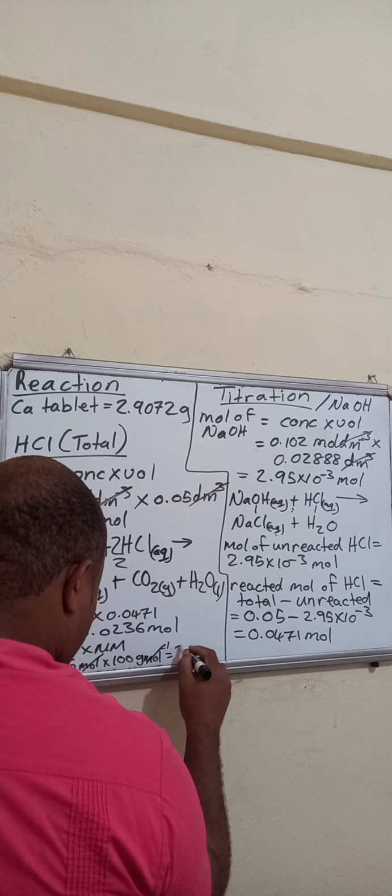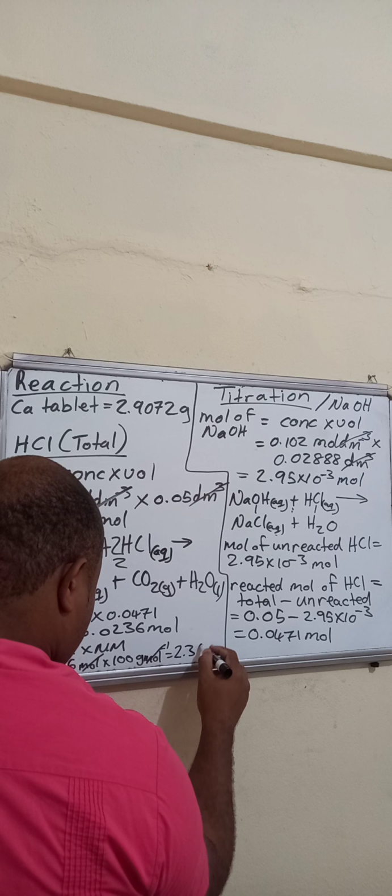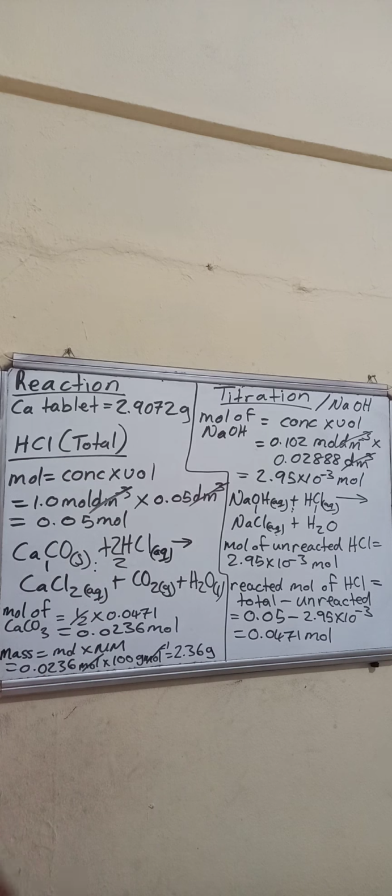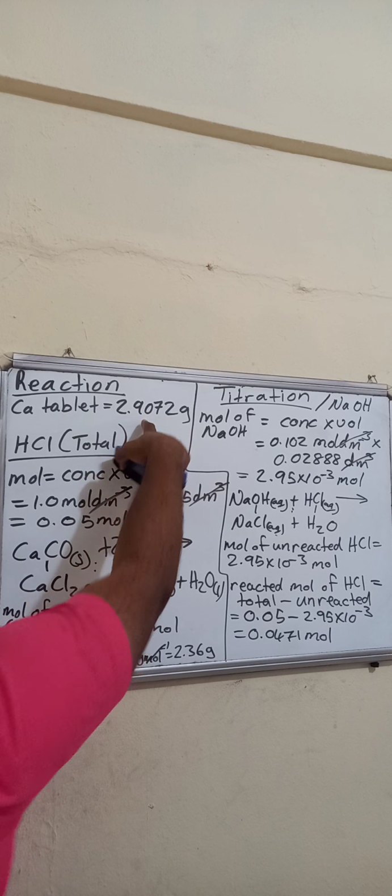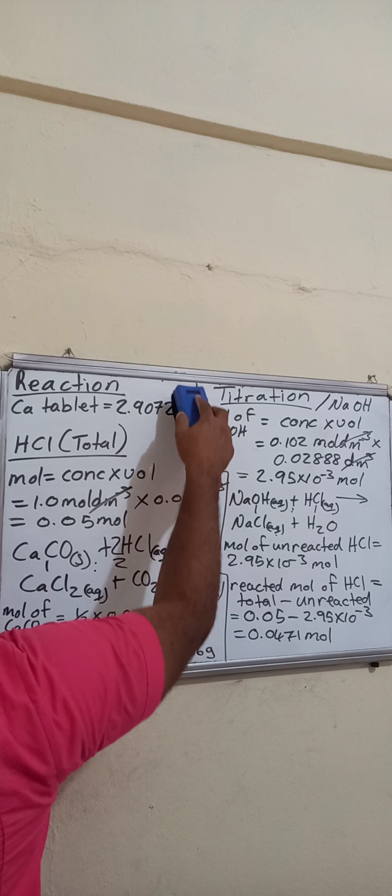And we would end up with 2.36 grams. So now that we have the mass of calcium carbonate, we just need to find the percentage. So it's the mass of the compound over the mass of the sample times 100.